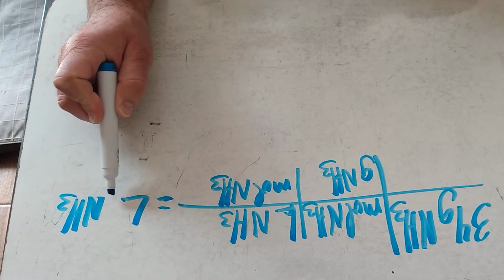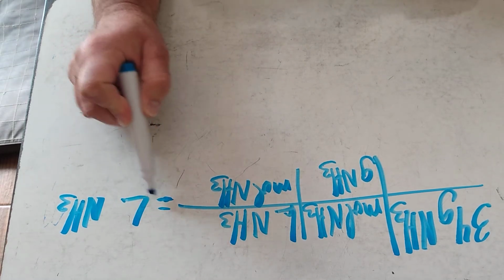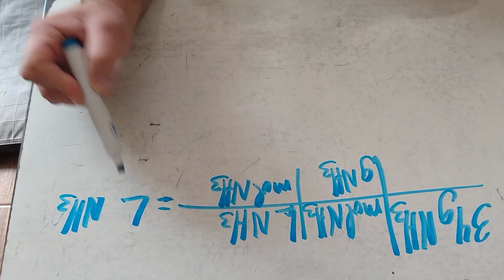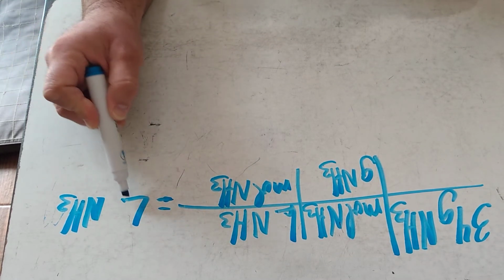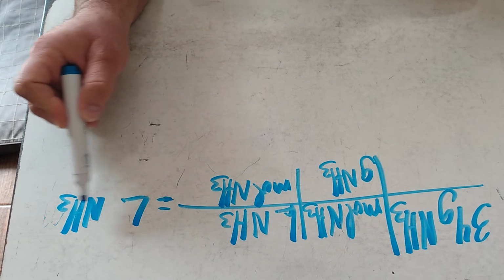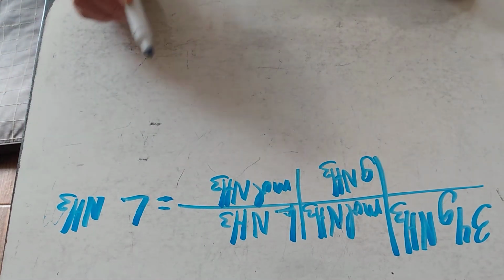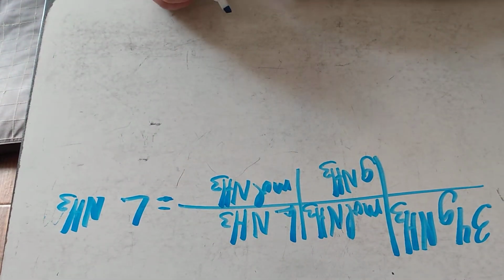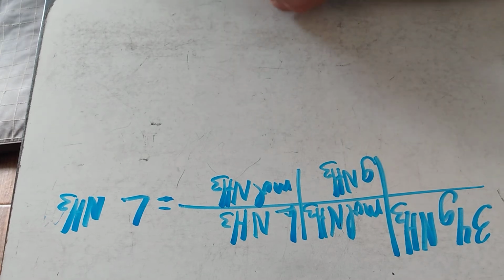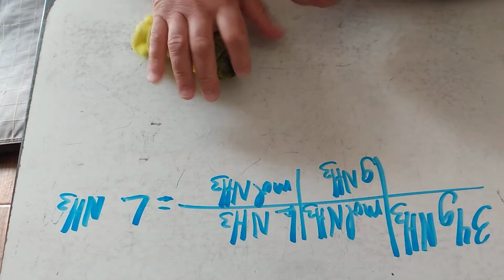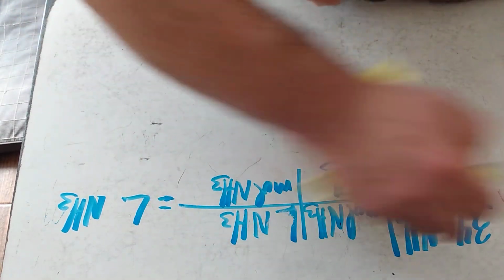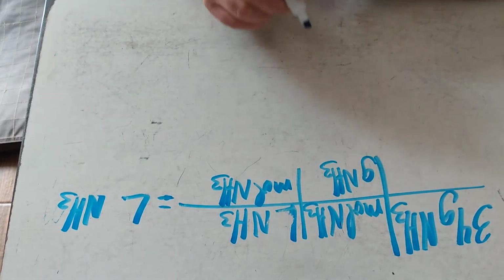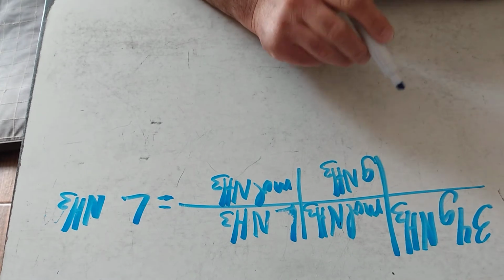And the reason for that is because we want to make sure this L is a unit and not part of the molecule. So if you put it too close, it starts to look like it's part of a molecule, even though L is not an atomic symbol. Okay, it is a symbol for unit of measurement.